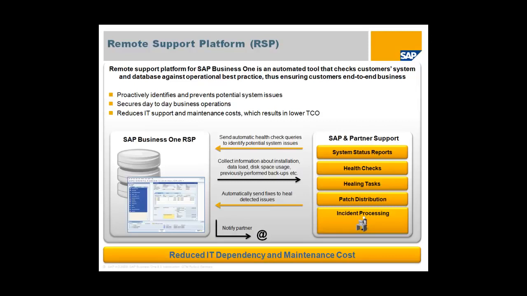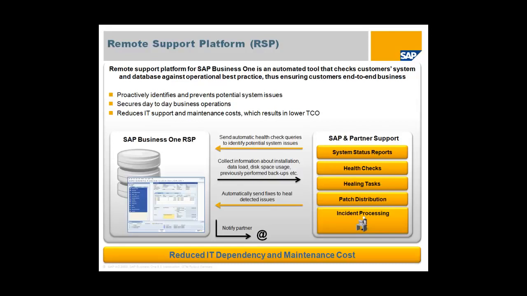So, again, I've talked a couple of times about this with more than 25,000 customers around the world using an SAP Business One system. We have a very, very good understanding of what makes the system really hum, what makes it perform well, and what are the things to look out for that can be an indication of an impending issue.